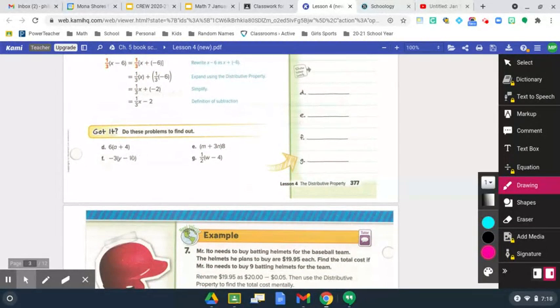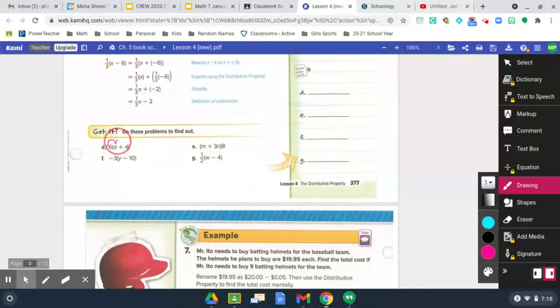As I go through these problems, you're going to see me draw the arrows like I did yesterday, showing me distributing that value on the outside of the parentheses to everything inside the parentheses. So let's start. Letter D. So 6 times everything in the parentheses, A minus 4.